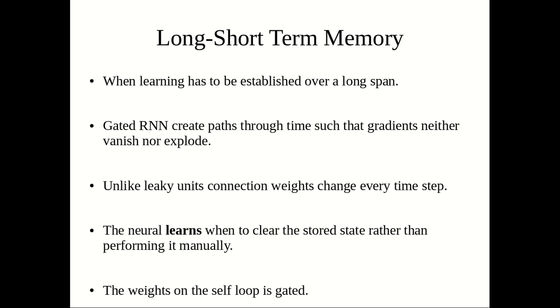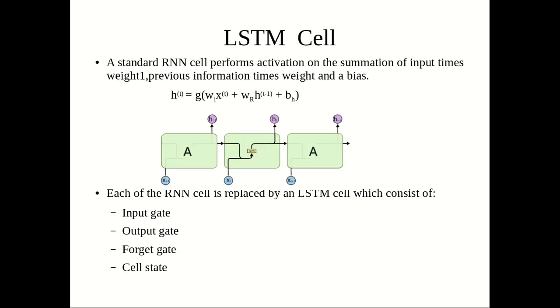This is achieved by maintaining a special element called the cell state, and also there are a few more components called the gates. We will discuss all of this shortly. And here, unlike the leaky units, the weights for the gates or the self connections are learned through the training process. Now let's discuss LSTM in detail.